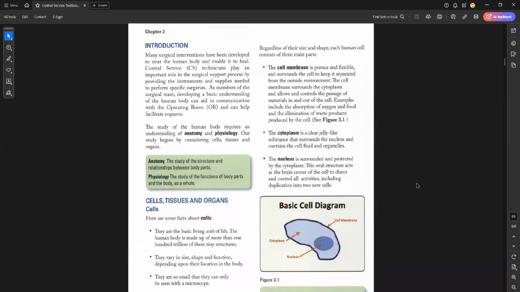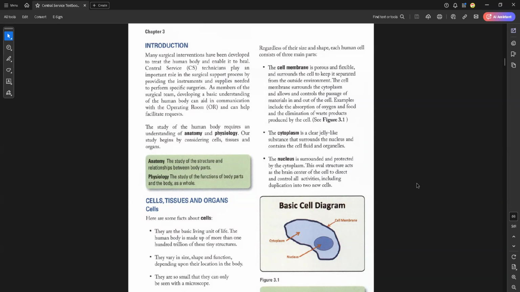Now, let's begin with the introduction. Many surgical interventions have been developed to treat the human body and enable it to heal. As I said, it's about the human body. We are not in veterinary, where we are going to talk about animals.